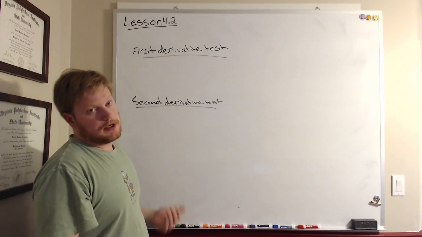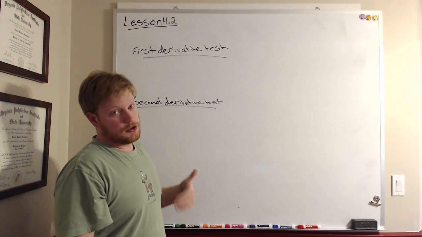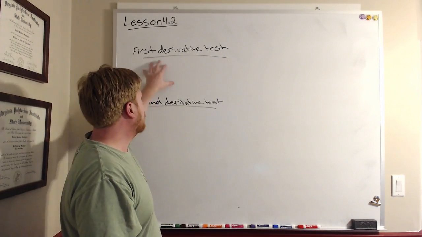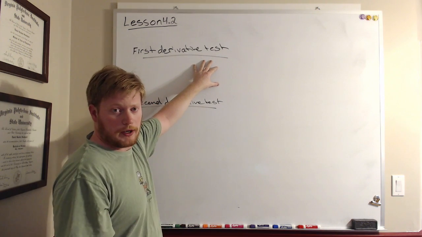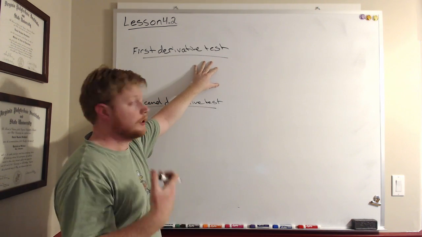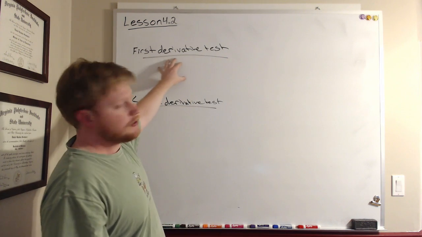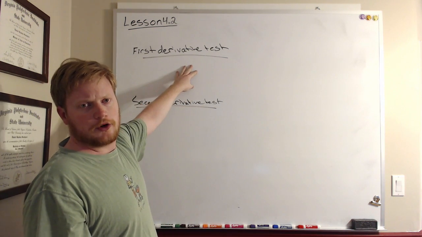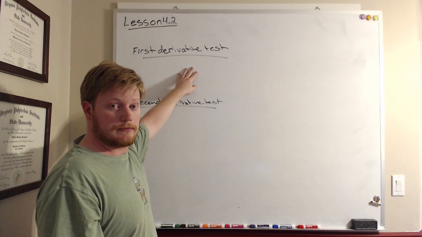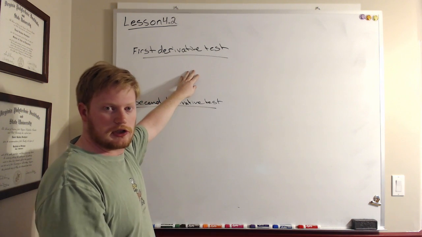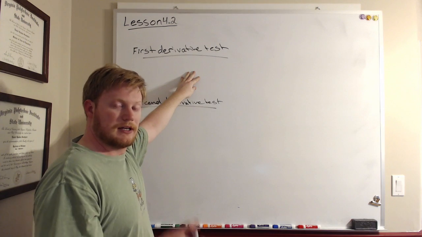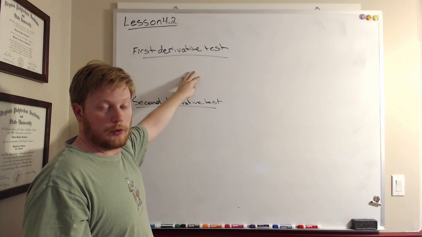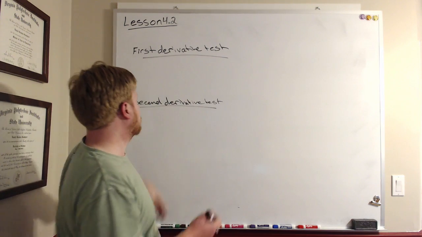So the first two things that we need to talk about are the first and second derivative tests. Now, I'm hoping that up to this point we've come to our own conclusion that the first derivative tells us something about whether the graph is increasing or decreasing, because it gives me values of the slope, and therefore whether the slope is positive or negative tells me that the original graph is increasing or decreasing.